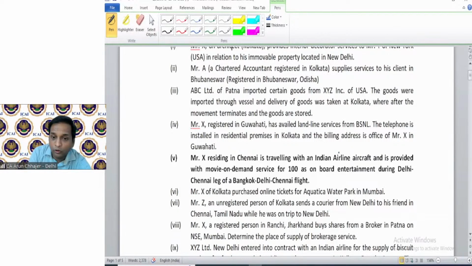So who is the supplier? Indian Airlines, which belongs to India. Who is the recipient? Mr. X, who belongs to Chennai. I can say both parties are in India, right? So it will be covered by section 12.